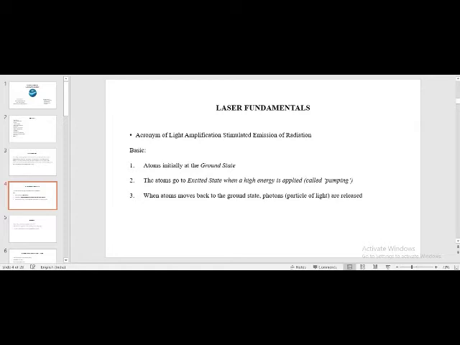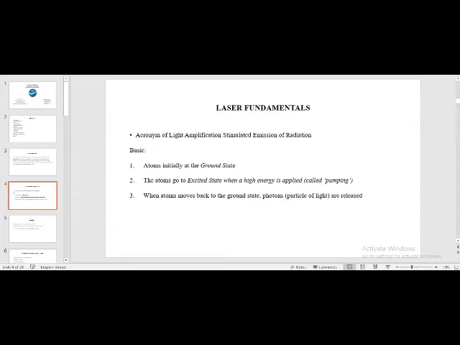An atom goes to the excited state when high energy is applied, called pumping. When atoms move back to the ground state, photons, particles of light, are released. So at the very first stage of a laser cutting system, atoms are at the ground state and they don't have any high energy. They are just at a normal level.